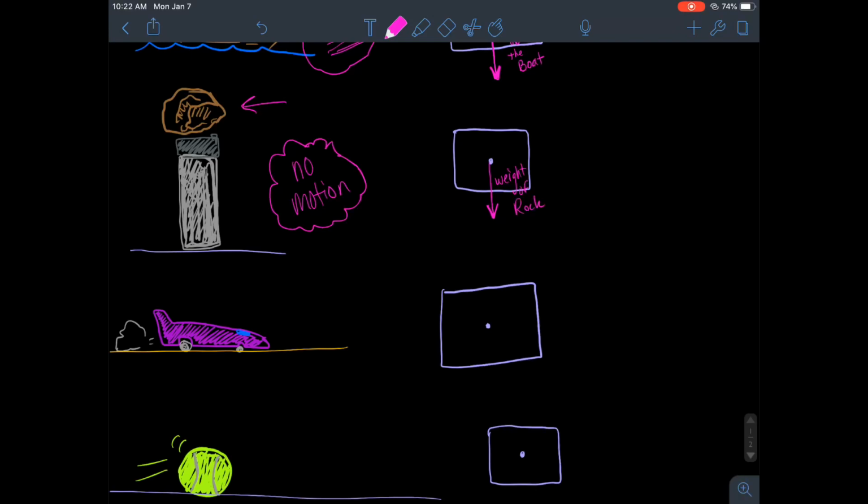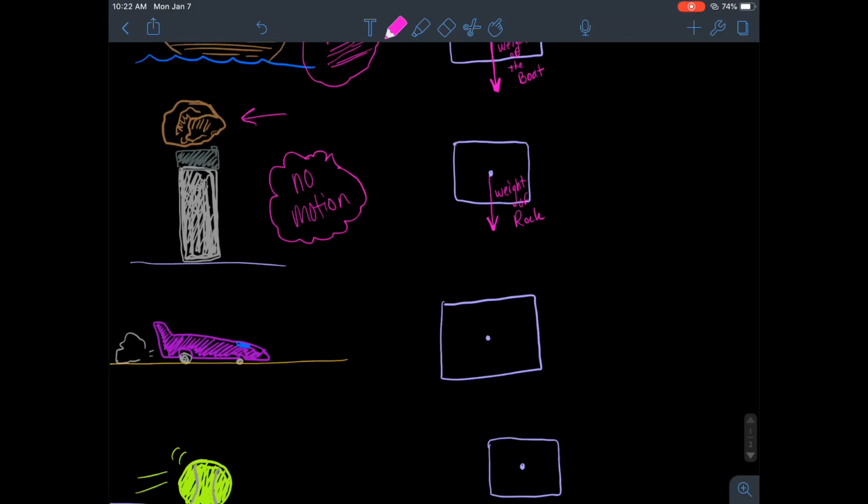And the weight of the rock is not too much for this coffee mug. This coffee mug is able to hold up the rock. So what we would do here, since this rock is not moving, we need to show that there's also a force in the upward direction that is resisting the weight of the rock. And this here we could say is the force of the coffee mug.